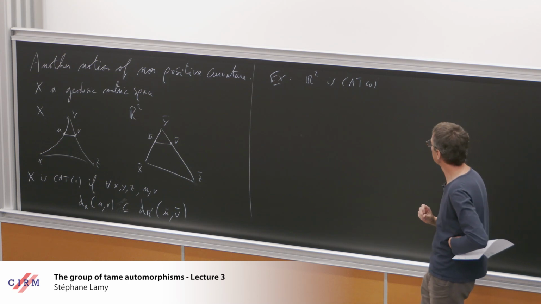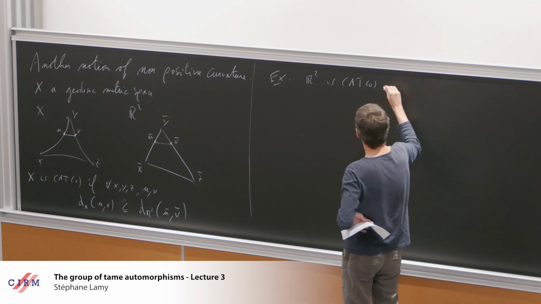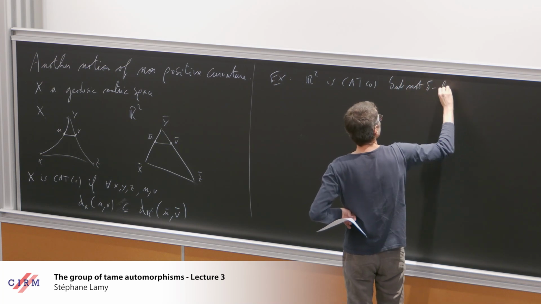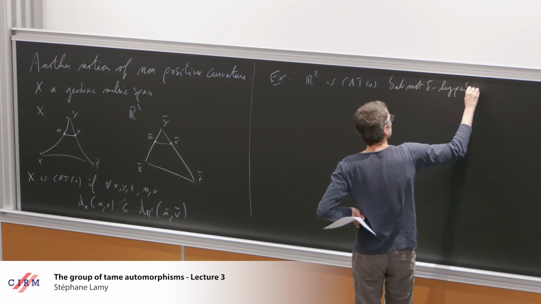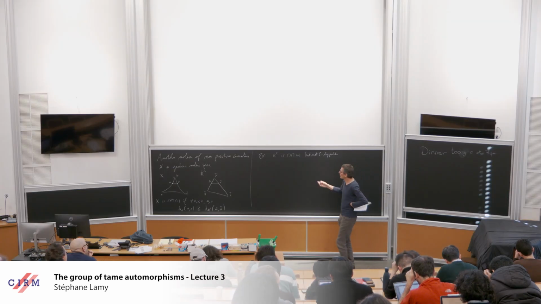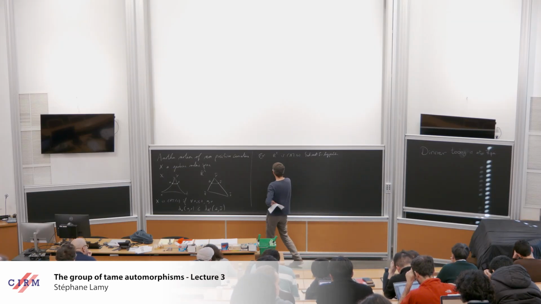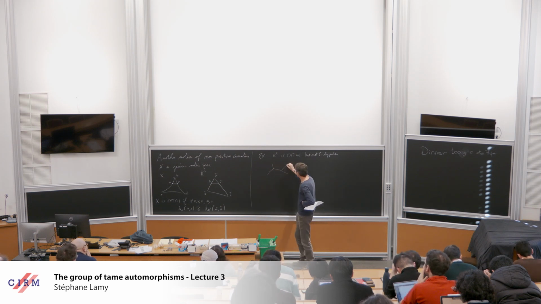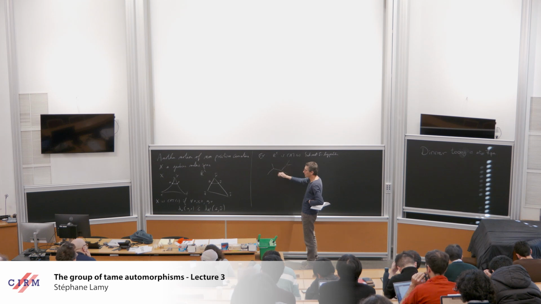You're okay with that. So R2 is CAT(0), but not delta hyperbolic. The example of delta hyperbolicity is if you take a tree. For example, take an infinite tree with valence 3 at each vertex.